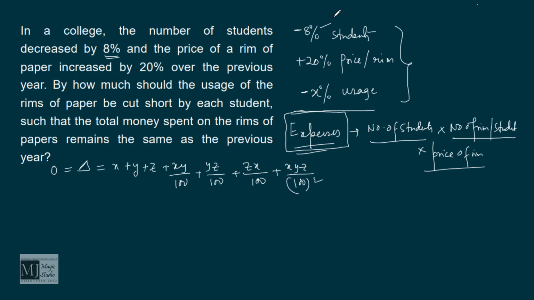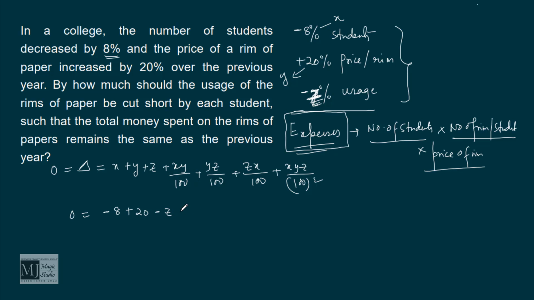So let me take x as minus 8, y as plus 20, and this x percent, let me make this minus z. So I am looking out for the value of z such that this net change is 0.